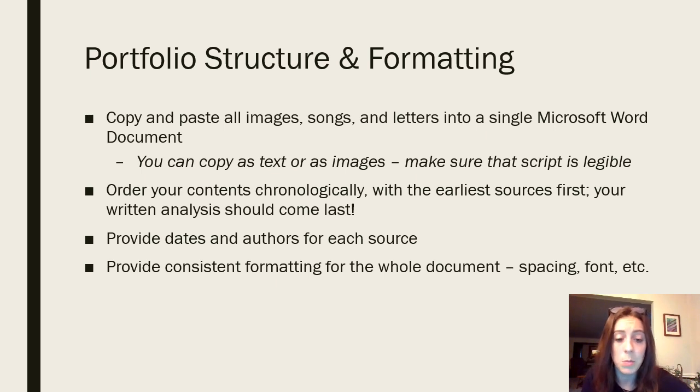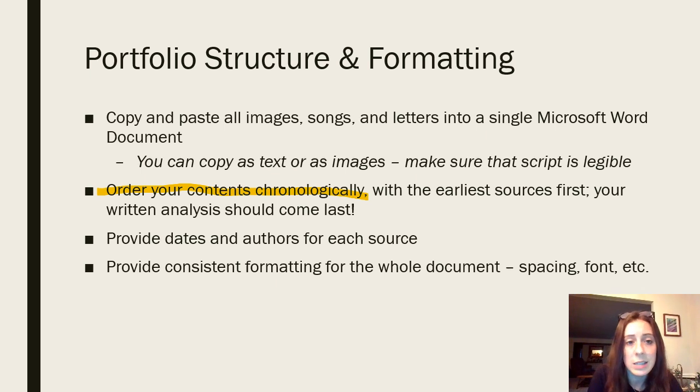And this is really important because you're going to order your contents chronologically, which means you're not going to have your pictures and then your poems and then your letters. You're going to put them in order of the year in which they occurred. So if you have two, for example, that happen in 1860, but you can't figure out which one came first, that's okay.